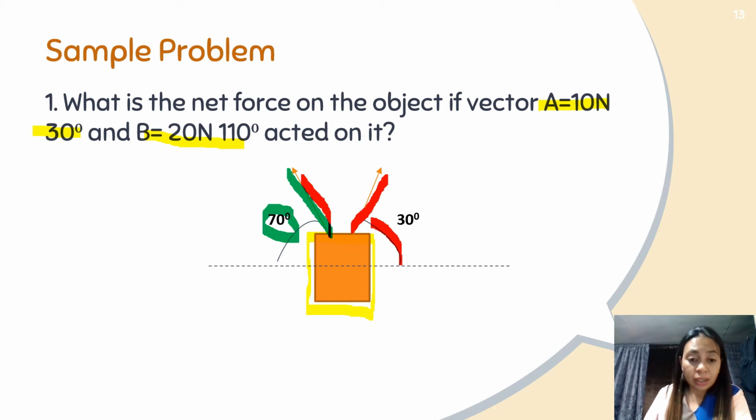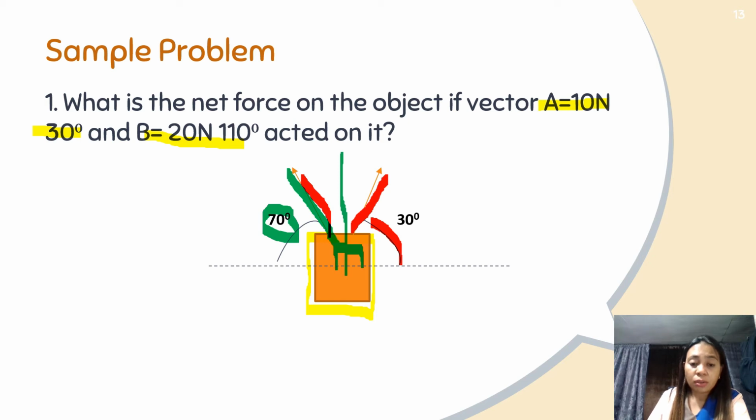But why is it 110 here? Remember, our perpendicular line here is 90 degrees. Let's review our trigonometry. This is 90 degrees here, and this is another 90.